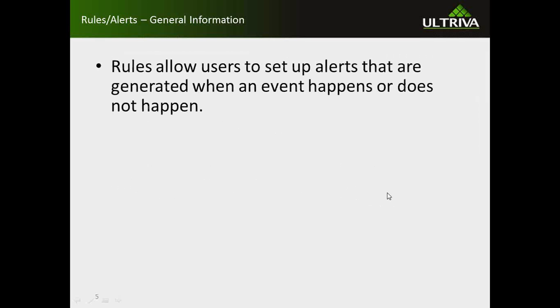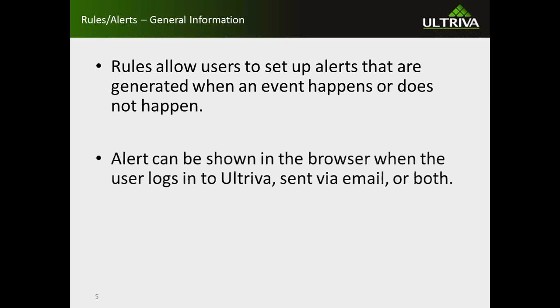A few things about this. The rules that you create in Ultriva set up the alerts that get generated when something happens in Ultriva or maybe something doesn't happen in Ultriva. These alerts can be shown in the browser when the user logs in.